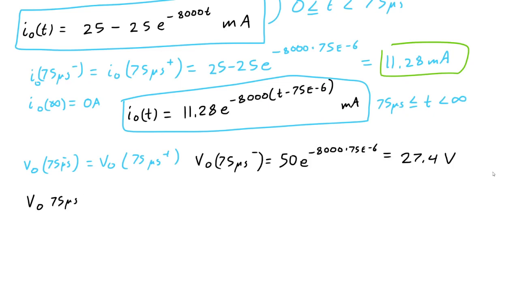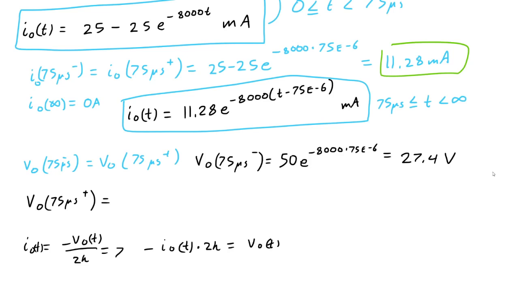And after, 75 microseconds plus. This one we're going to have to go back to our equation for the component. Now, we had Io equals negative Vo(t) over 2K. So if we have Io(t), we can get Vo if we just multiply by 2K and divide by -1. So negative Io(t) times 2K equals Vo(t).